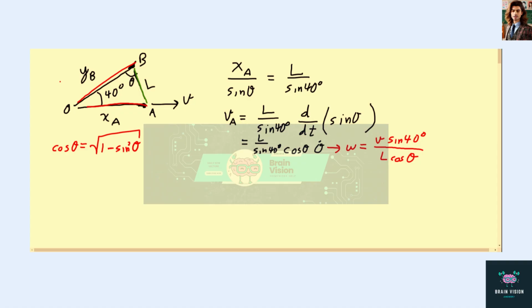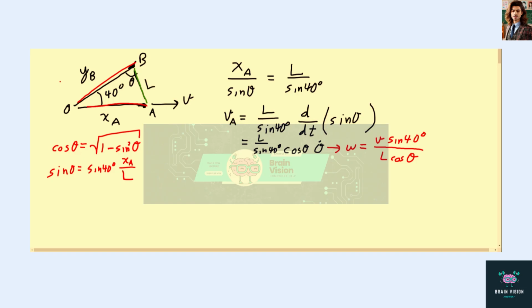And then we can substitute in for sine of theta the sine of 40 degrees times xa over L, which we could find from our first equation we wrote.